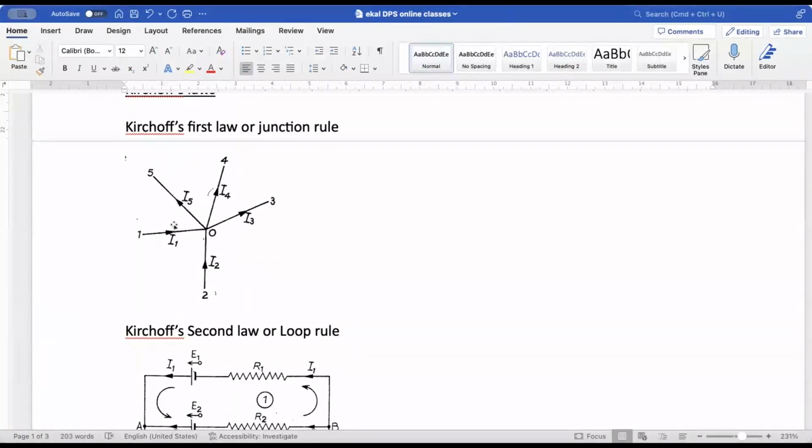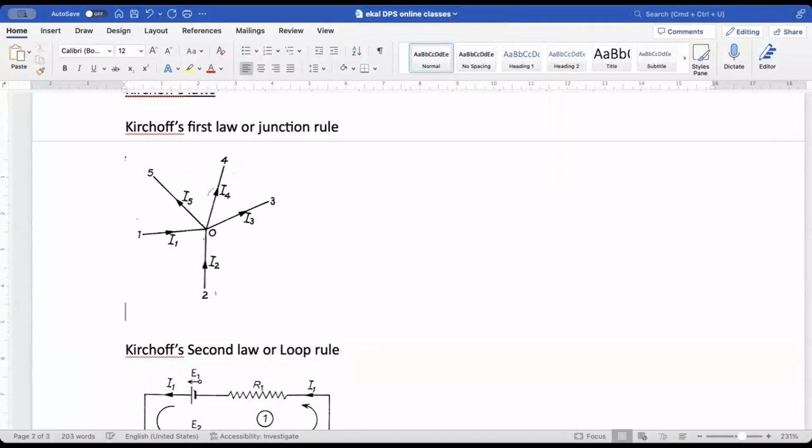So the total incoming current should be equal to the total outgoing current.